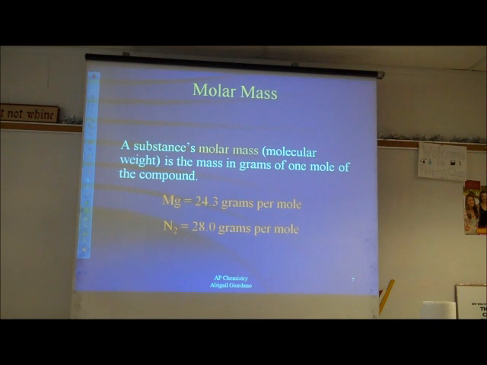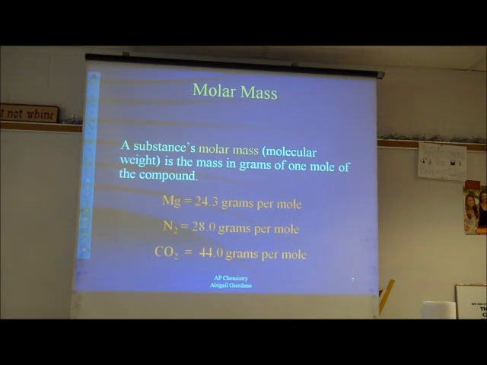So, to make this clear, and I want to make sure you understand the difference between molar mass and atomic mass, I'll use magnesium as an example. One atom of magnesium, just one atom, has a mass of 24.3 AMUs.